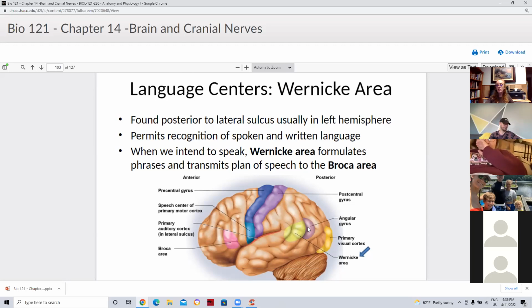When we intend to speak, Wernicke's area formulates phrases and transmits that part of speech to the Broca's area. But it's also involved in you being able to recognize what you read. And the Broca area is what's going to be controlling the muscles of your mouth and the pattern by which they move.